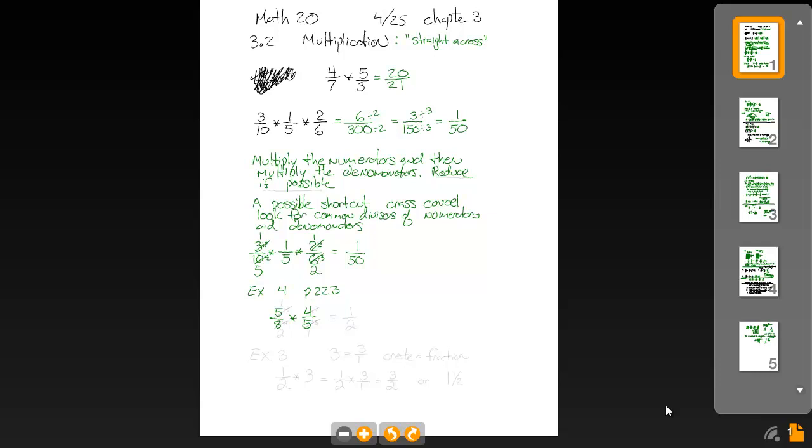Both of those have 4s in it. Some other people are seeing that both of those have 5s in them. You could multiply straight across and then deal with those. 1, 1, 4. Cancel them both. Cancel both of Mike's 5s. And you get a half.